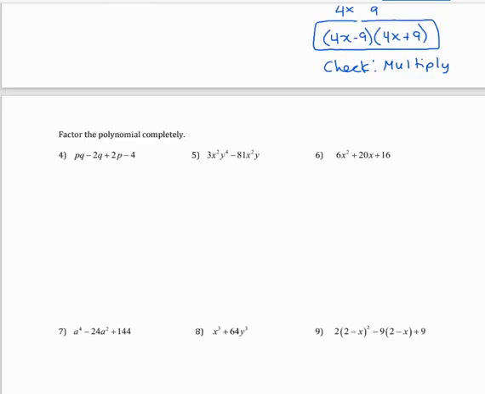Number 4 has 4 terms. So when there's 4 terms, we're going to factor by grouping. So in this case, I look and I see these first 2 terms have something in common, a q. So I'm going to factor out a q. What's left is p minus 2. The second grouping, I'm going to include the symbol, and I know they have a positive 2 in common.